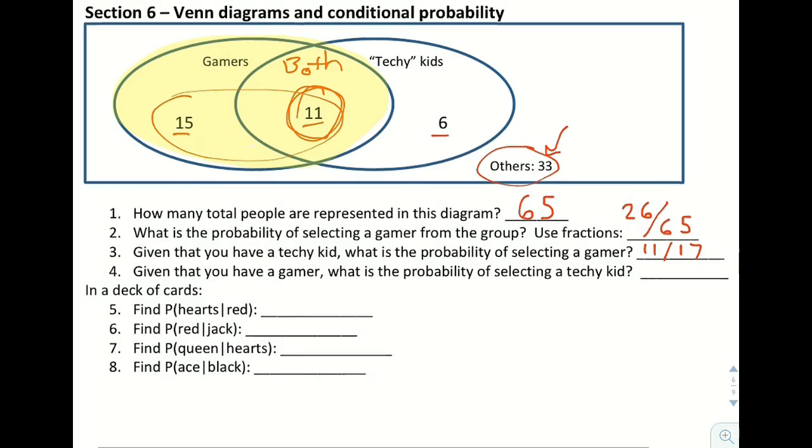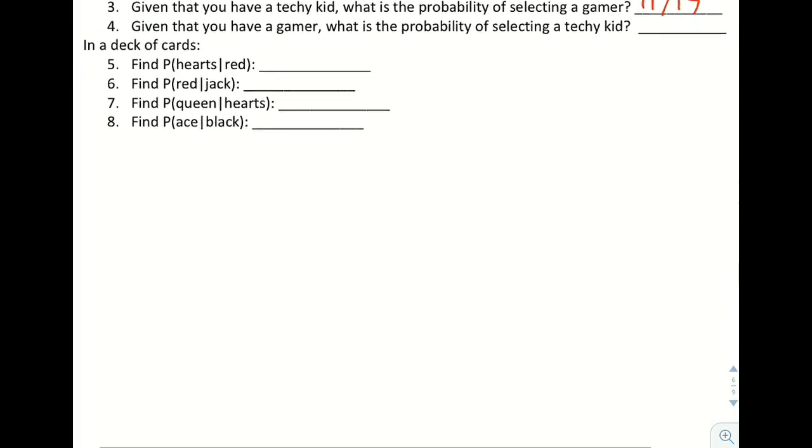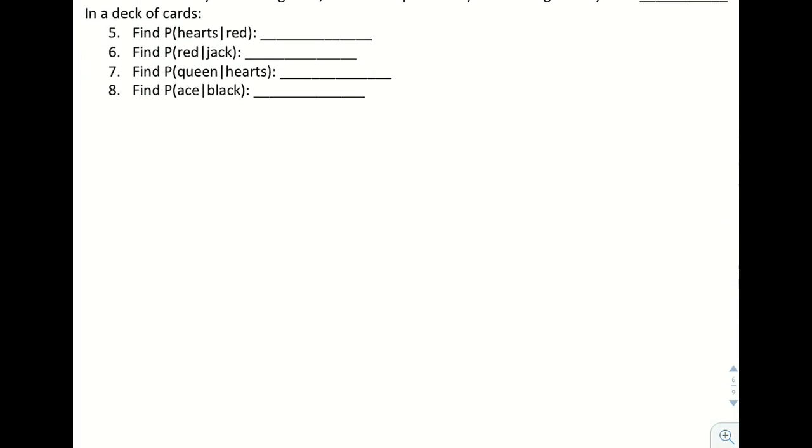Down below, it says in a deck of cards. So this is not using the Venn diagram that we have. It says find P(hearts | red). That doesn't mean anything to me yet. With this kind of notation, you're finding the probability of hearts given red.